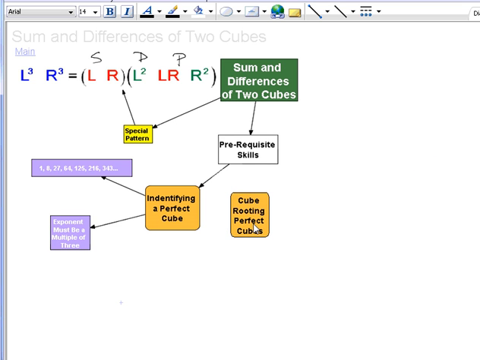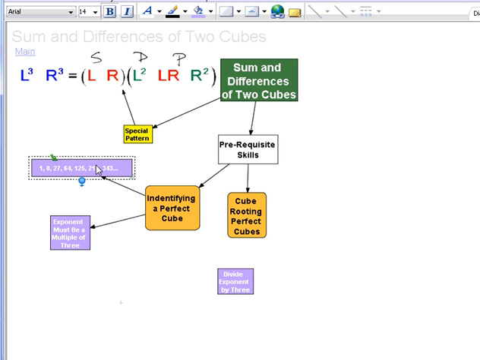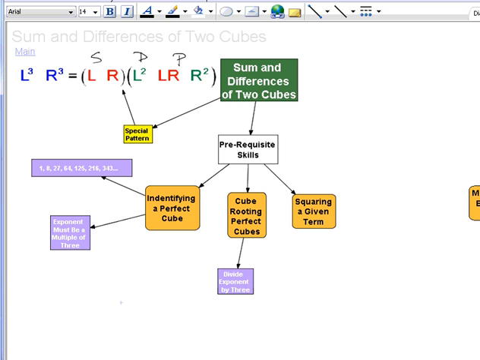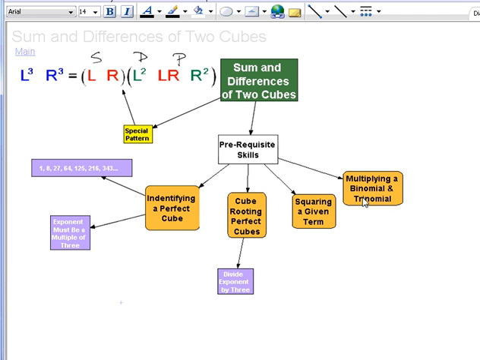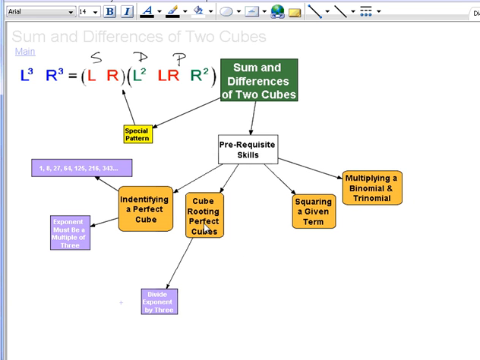You have to be proficient in cube rooting a perfect cube, which means use the number sense you have around the constants, but for variables you just have to remember it's divide the exponent by 3. Okay? Prerequisite skill 2, you see once you get the cube root you need to square it, which is decently easy, and if you're here you should have that skill. And then multiplying a binomial by a trinomial becomes important because it's going to help you check your problem.